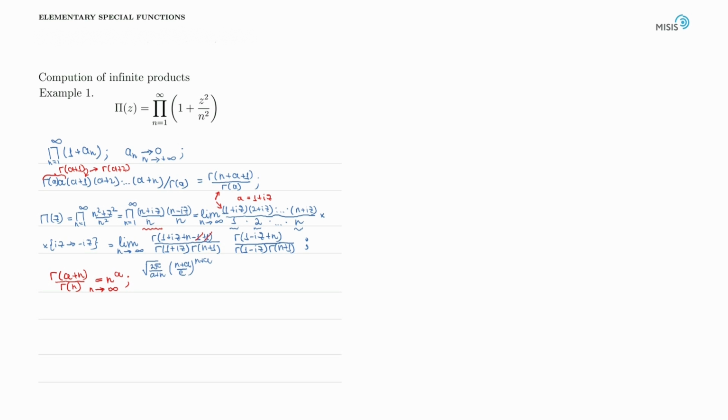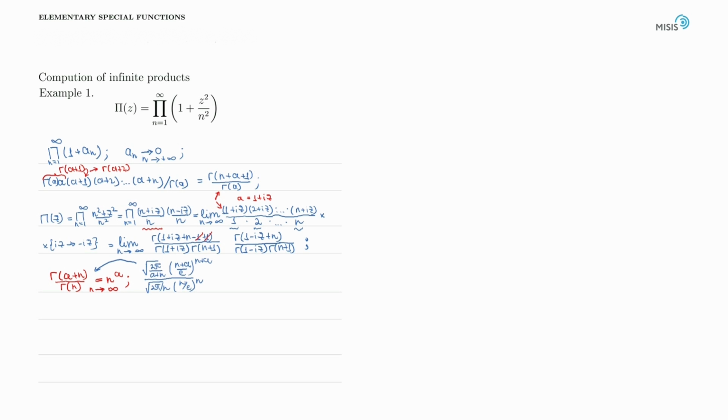So this is the first asymptotics, and below we put the second one, which is square root of 2 pi divided by n times n over e to the n.